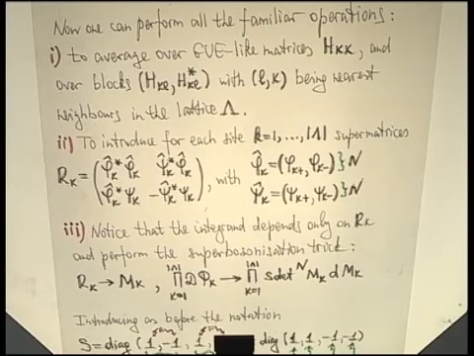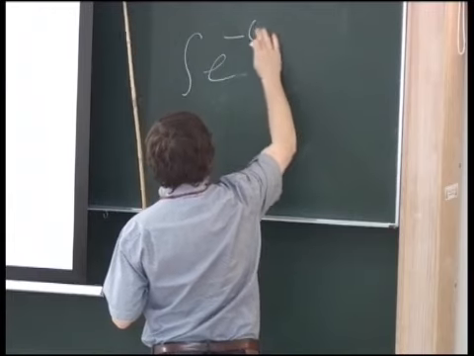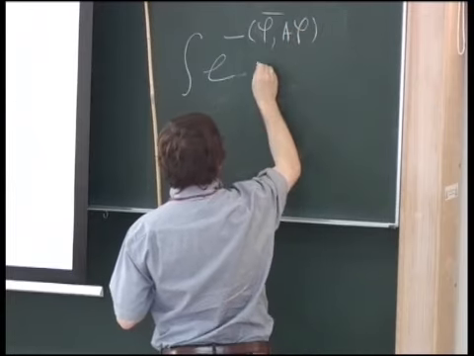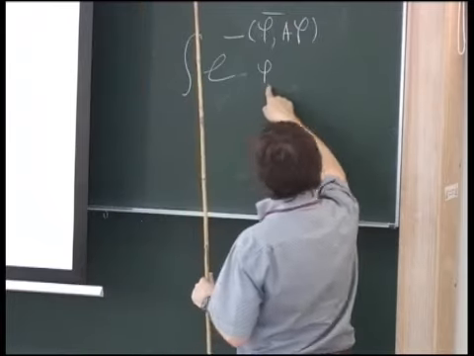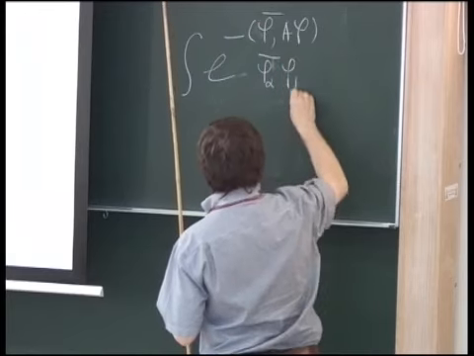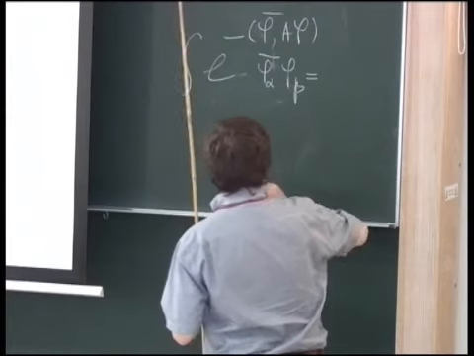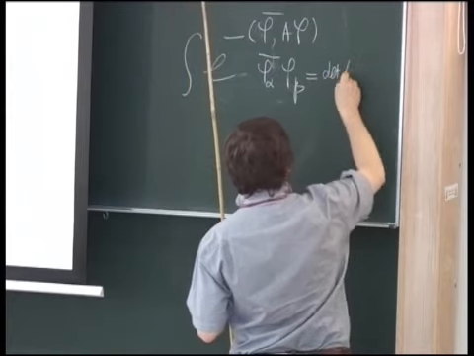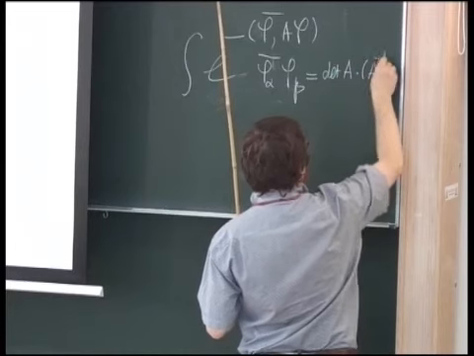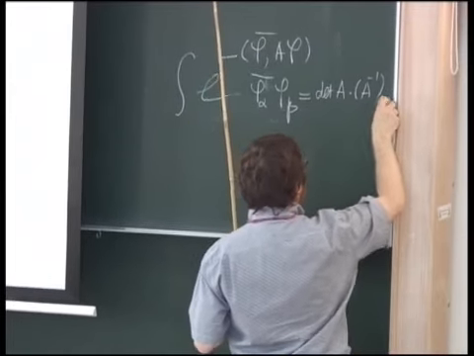You see, just a Gaussian integral, exponential minus phi alpha, phi beta, with A, is equal to the determinant of A times the inverse matrix element, alpha beta, beta alpha.